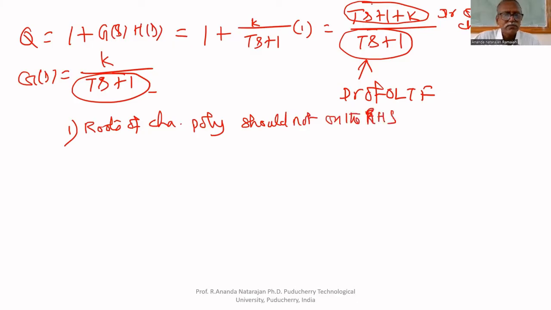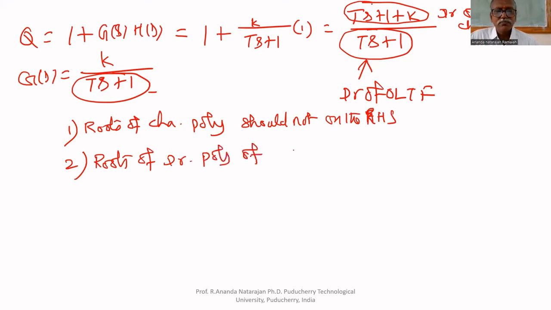The same can be said as, roots of the denominator polynomial of the closed loop transfer function should not be on the RHS.